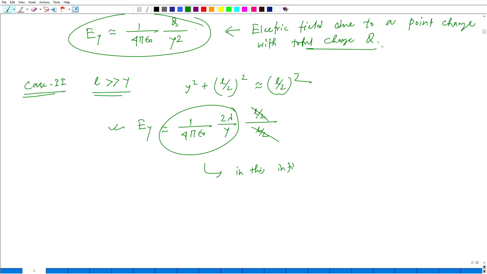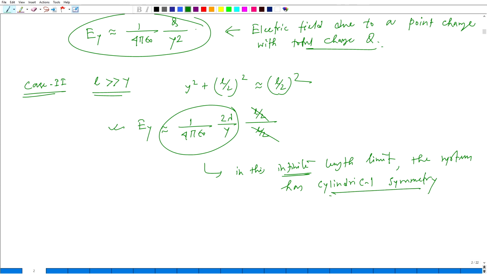So, in this infinite length limit, infinite means that we are considering a large value of L. In this limit, the system has cylindrical symmetry, and that is the expression.